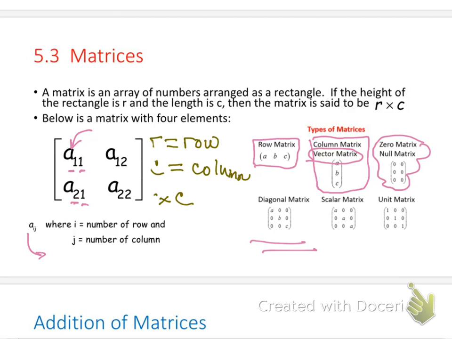A scalar matrix has the same value down the diagonal, and a unit matrix has ones down the diagonal. This is always also going to be an identity type matrix, but we'll get back to this. Our textbook does not go into a lot of this detail, but I wanted to give you a working knowledge of matrices as we go forward.